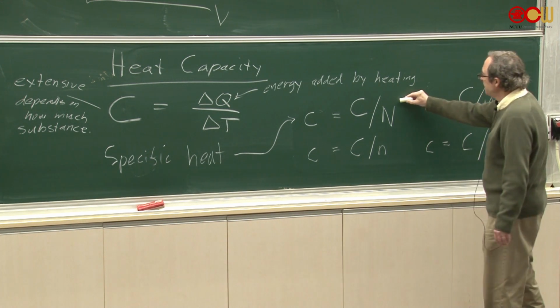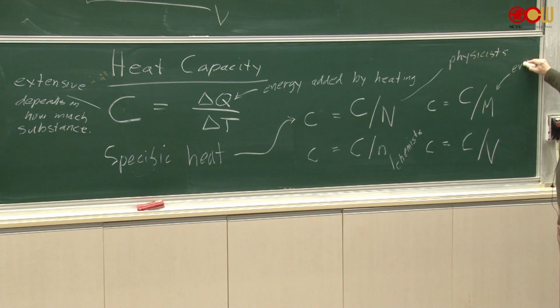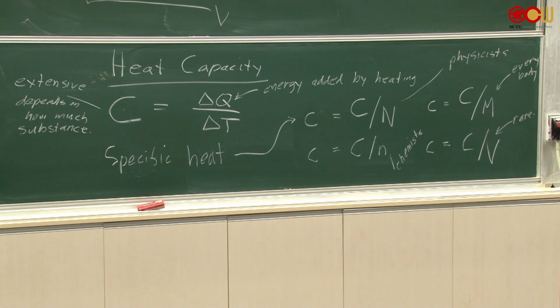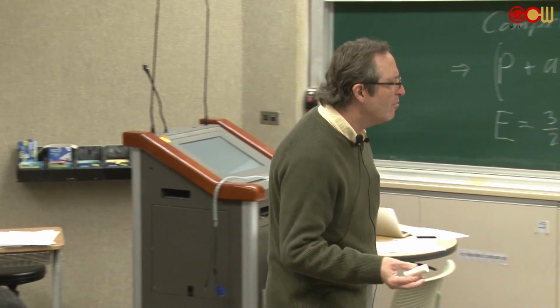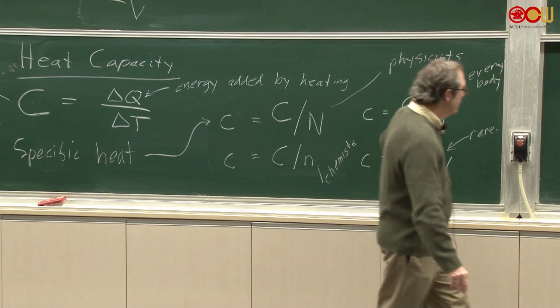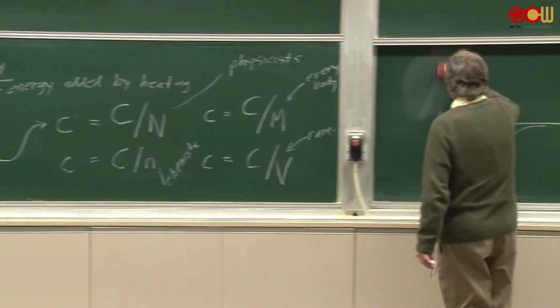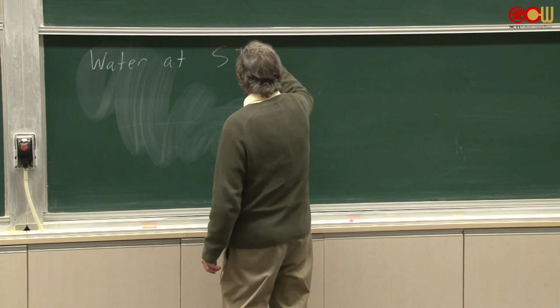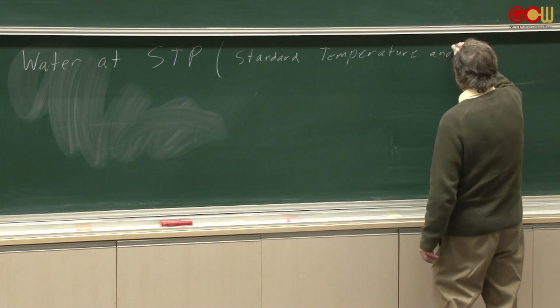All right, so physicists like this, chemists like this, everybody's okay with this. And this is pretty rare. There might be a couple contexts where you might use it. So when you see numbers in tables or on the web, it's probably going to be either this or this.